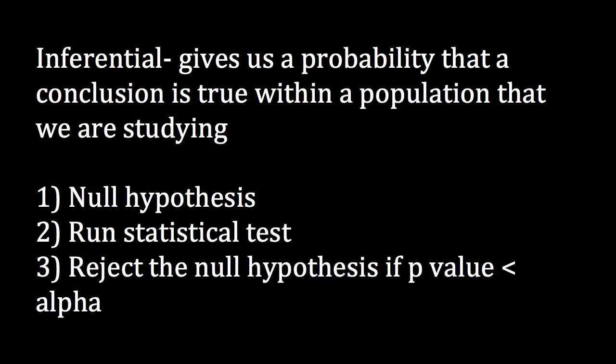Basically, everything that we're going to be doing over the next two class periods comes down to this. We state the null hypothesis, we run the statistical test, and we reject the null hypothesis if the p-value is less than the alpha.